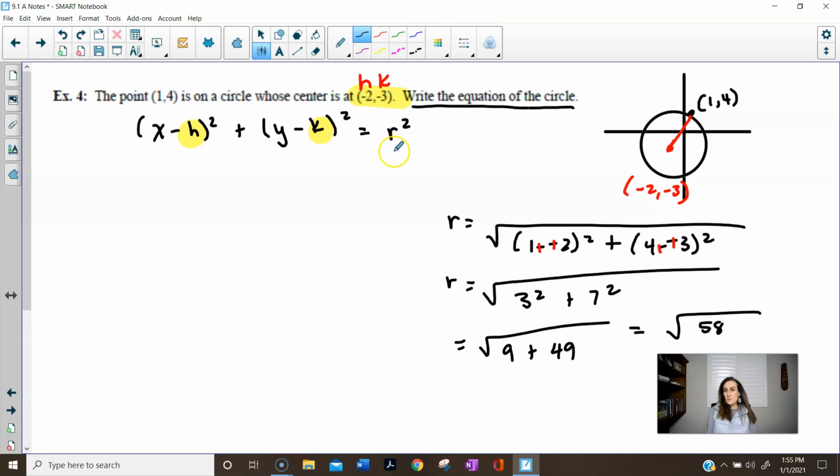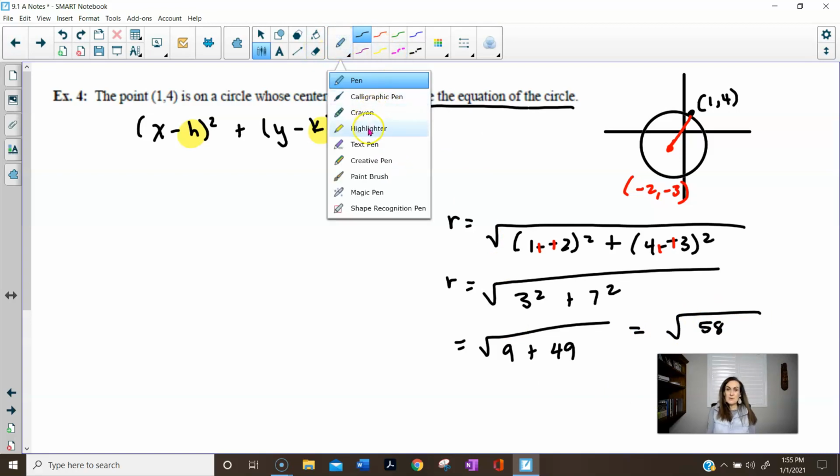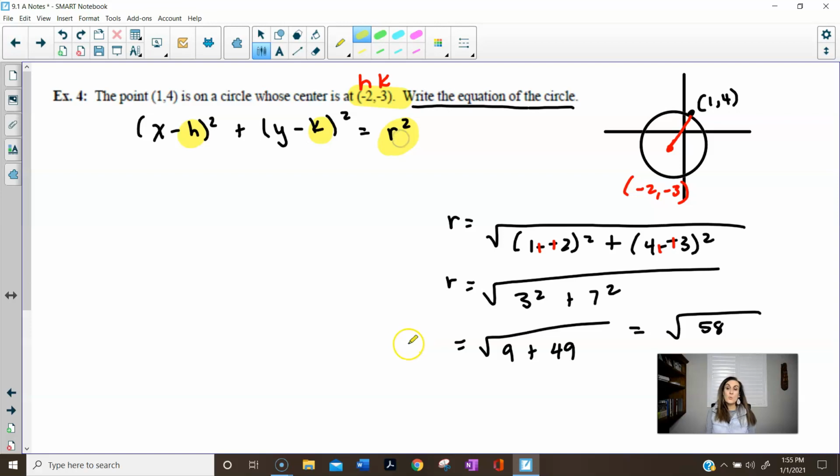Now, my formula, do you notice that my formula wants an r squared? And this is what r equals. So r equals the square root of 58. So I still need to rewrite this as r squared, which would be the square root of 58 squared. So basically I'm squaring both sides. And then the square and the square root will cancel, and r squared is simply 58. So now I'm ready to write the equation.